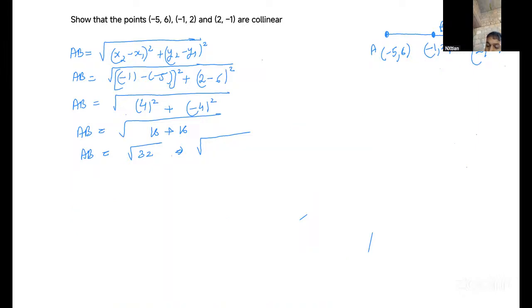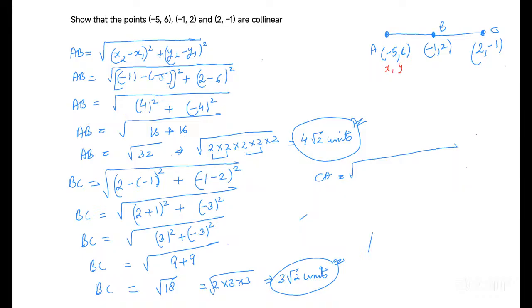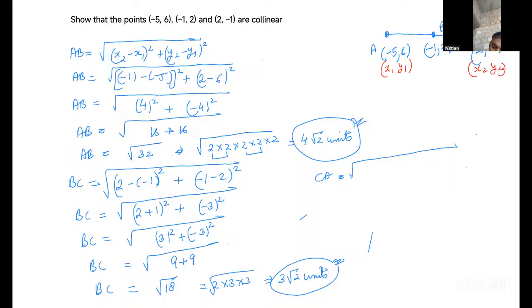Guys, are you getting this? Yes or no? Yes, sir. Now this is x1, y1 and x2, y2. So this will become root of (2 minus of -5) square plus (-1 minus 6) square. So CA will become root of (2 plus 5) square plus (-7) square.